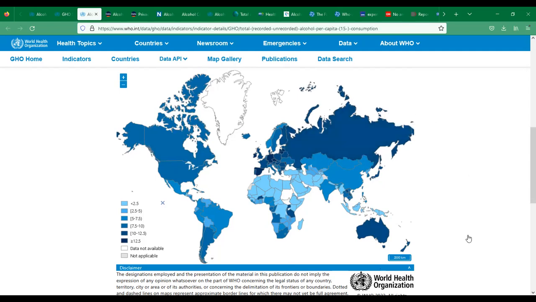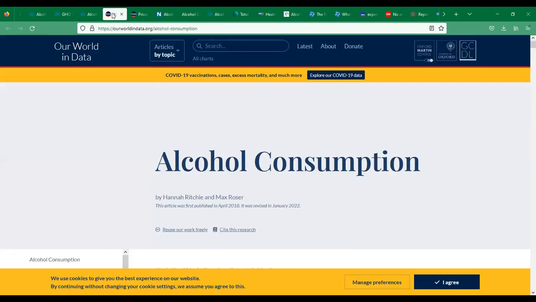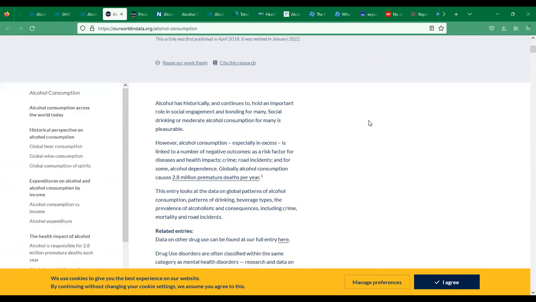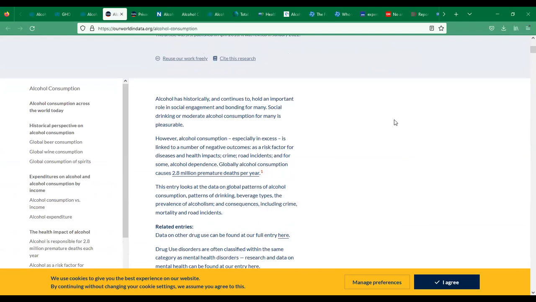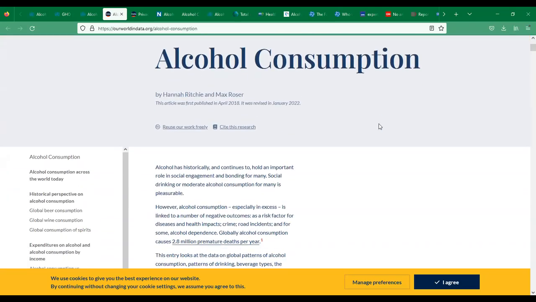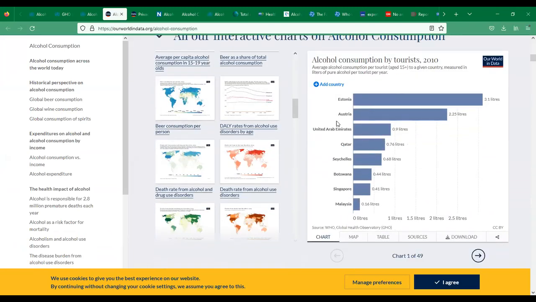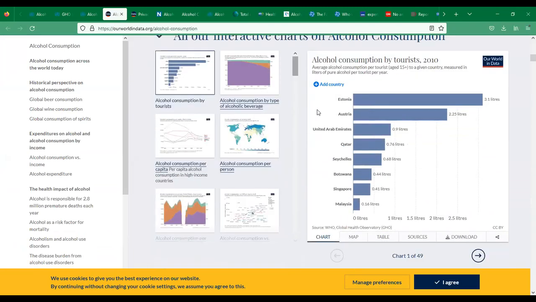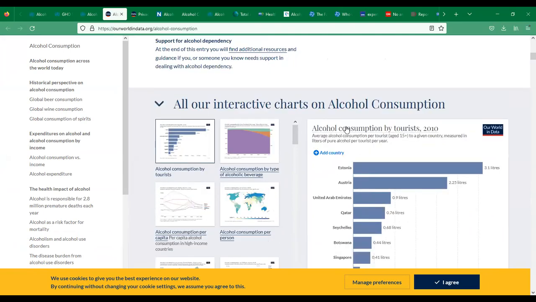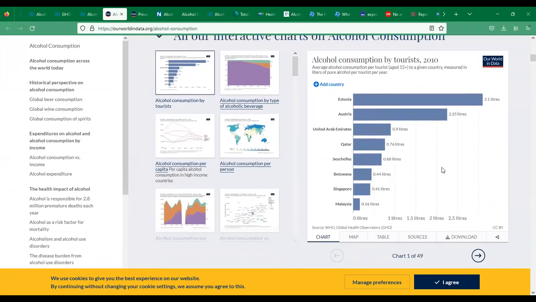Okay, I'm not going into this in more detail, rather I'm going to move on to our world in data, alcohol consumption. So that will offer you some kind of interactive charts about alcohol consumption by tourists.